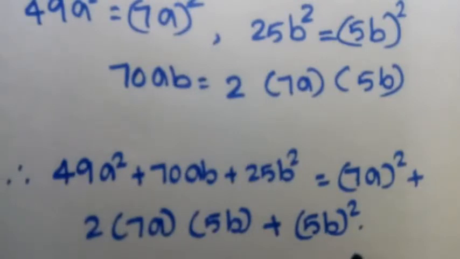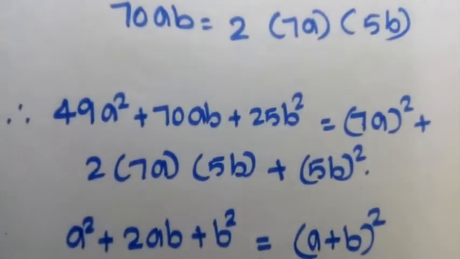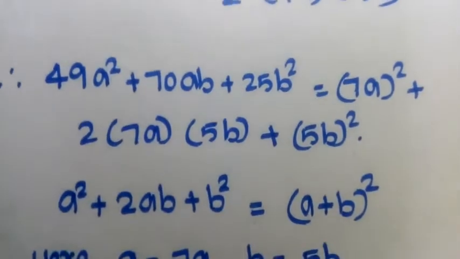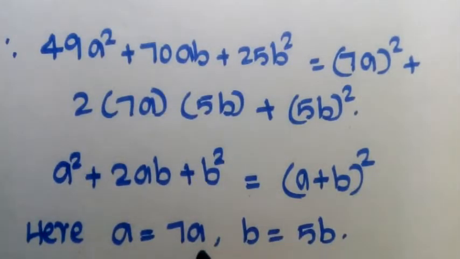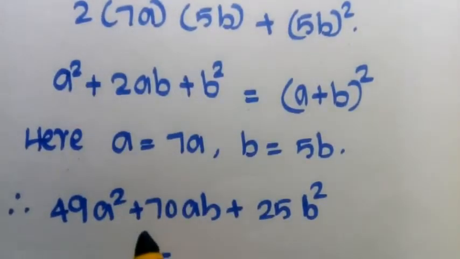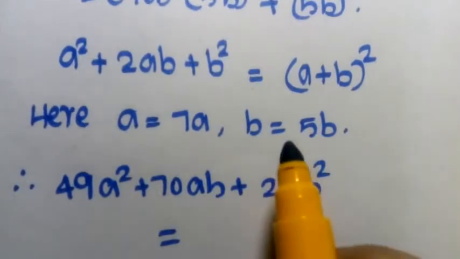Now the given expression is like a square plus 2ab plus b square. We know that a square plus 2ab plus b square is equal to a plus b whole square. Comparing the given expression with a square plus 2ab plus b square, we observe that a is equal to 7a and b is equal to 5b. Therefore, 49a square plus 70ab plus 25b square is equal to a plus b the whole square.